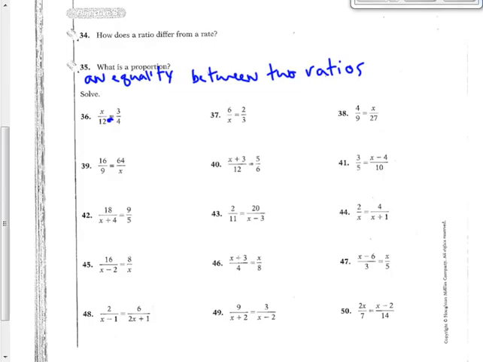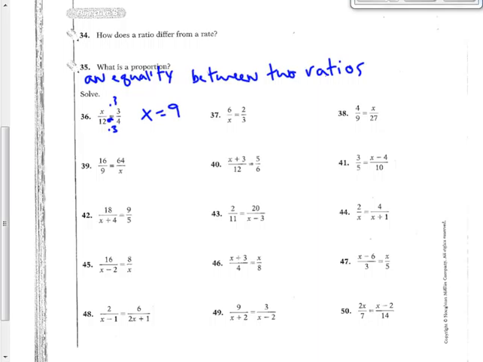Or what did I do to 4 to get 12? Well, if I took 4 times 3, that gave me 12. So that means on top, I have to do whatever I did to the bottom of the fraction. This is just like reducing fractions when I have just this one variable. So I do 3 times 3, and x is equal to 9.